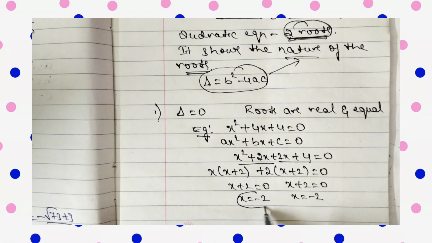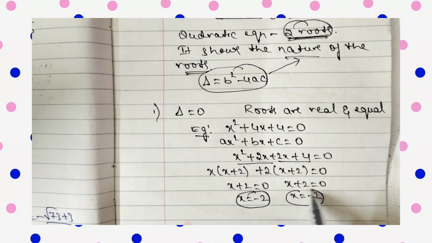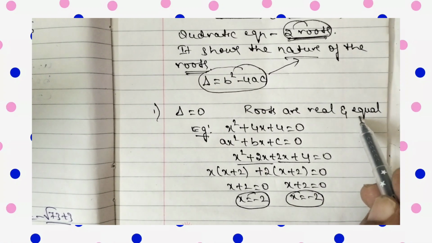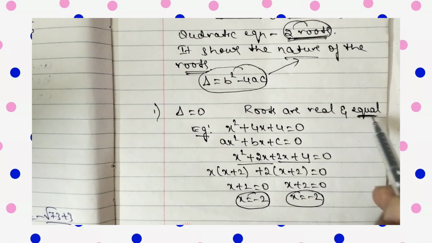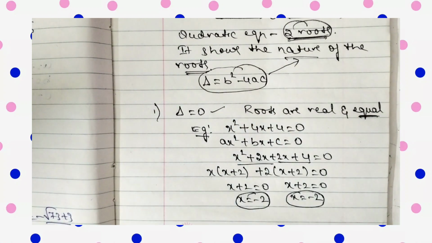Now we got the two roots. You observe both the roots are equal. Both roots are real numbers and equal, and hence delta is equal to 0. If delta is equal to 0, then the roots are real and equal. If the roots are real and equal, then the discriminant of the quadratic equation delta is equal to 0.